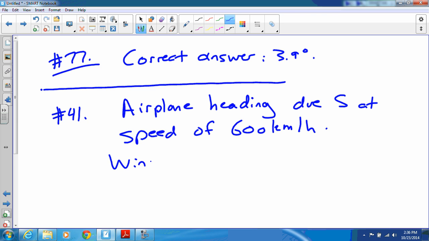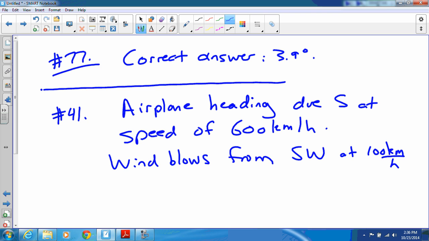The wind begins to blow from the southwest at 100 kilometers per hour, which is a significant wind. We're supposed to calculate the velocity of the plane relative to the ground and how far from its intended position it will be after 10 minutes if the pilot takes no corrective action.